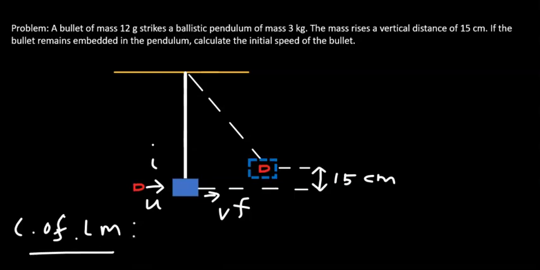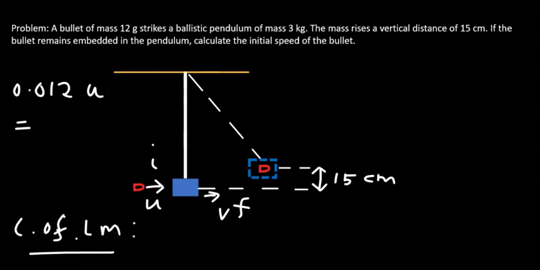Initial momentum, that is the momentum of the bullet, is the mass of the bullet, which is 12 gram converted into kg, times its speed, which we are interested in, must be the same as the momentum of the system after the impact. Remember, before the impact, the mass is not moving, so it does not contribute anything to the initial momentum.